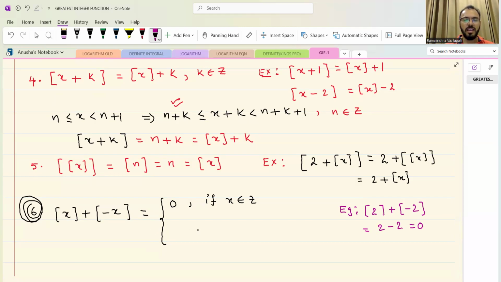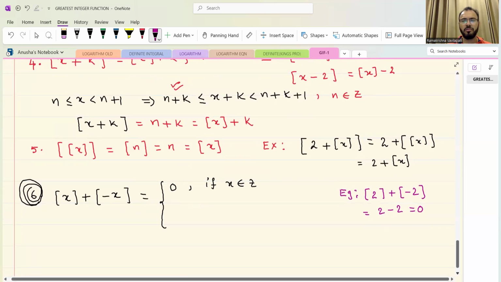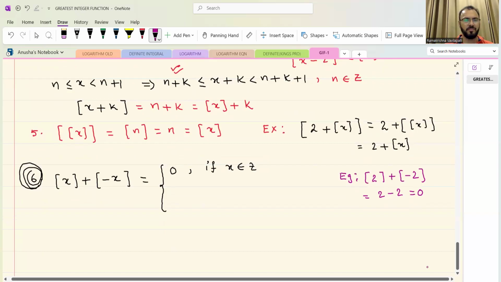Now, what will happen if x is not an integer? This is very, very important. Let me explain through an example so that we can write the generalized result.